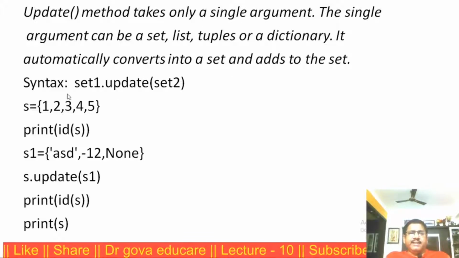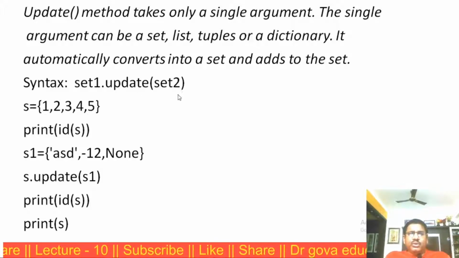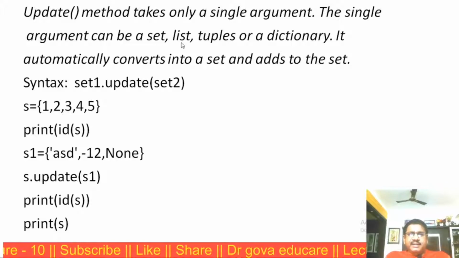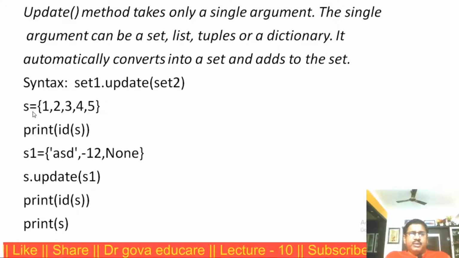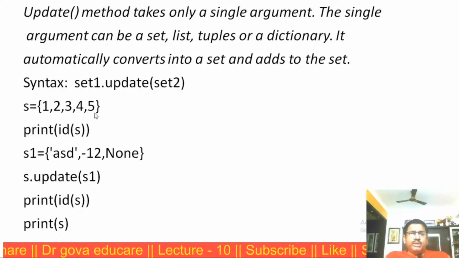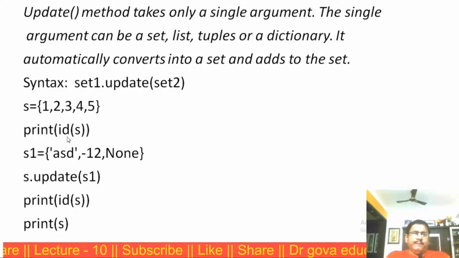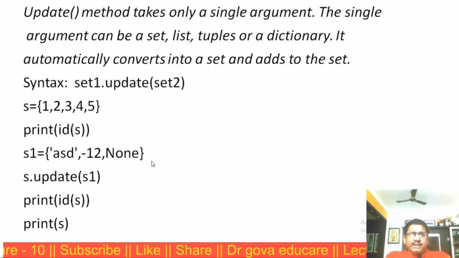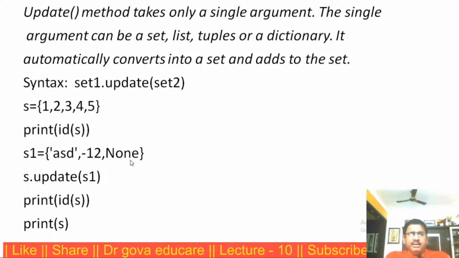Now this is the syntax: set1.update(set2). Now this set2 may be a set, list, tuple or a dictionary. Say this is the example. S is equal to {1, 2, 3, 4, 5}. I am printing the ID of this. S1 is equal to another set: 'ASD', -12, None.